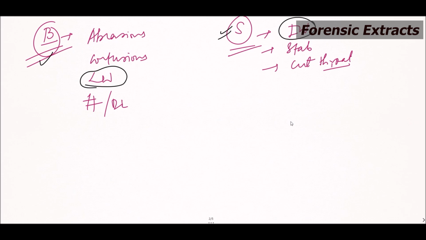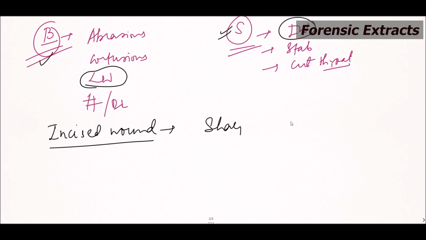So suppose first we'll discuss the incised wound. It is the injury which is produced by sharp force, a sharp edged weapon or any sharp force. Anything that is producing an incised injury must be sharp.